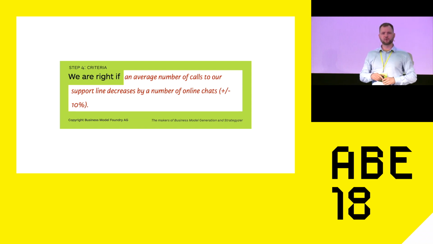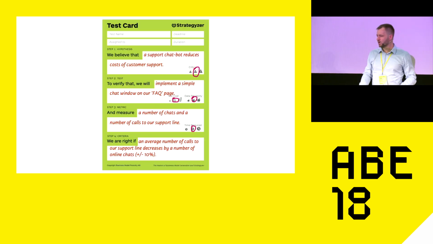So if I see that people are calling less to our support line and we have more and more chats, I believe, yeah, maybe my hypothesis is verified. Maybe we are right.